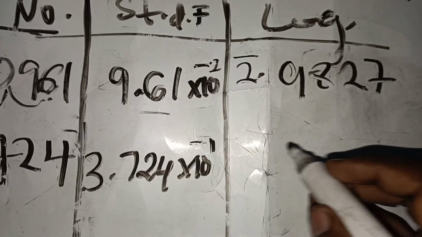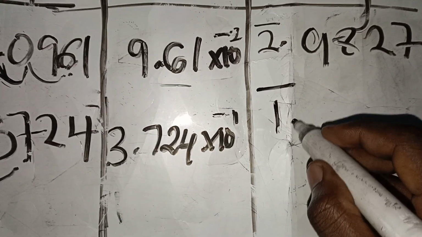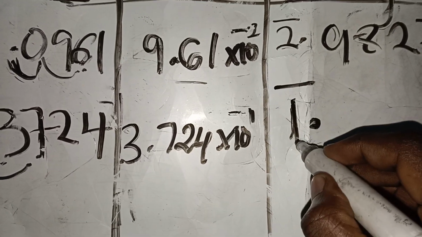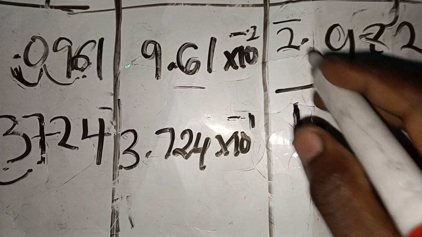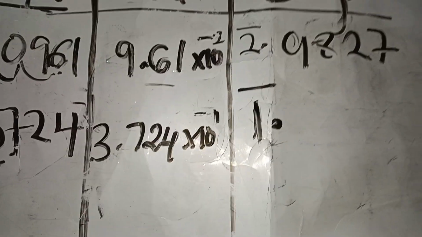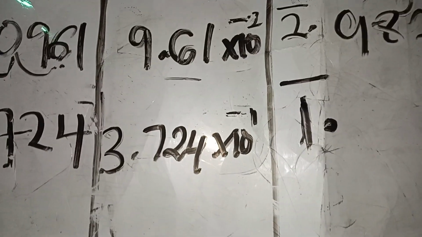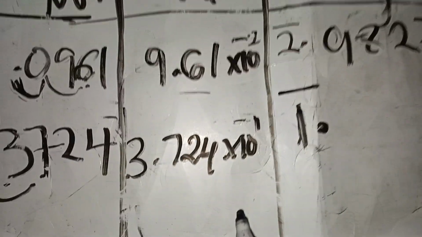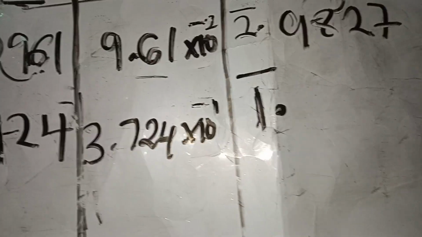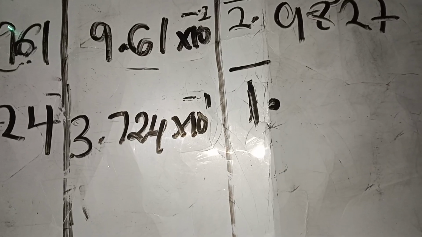So here we'll also write bar 1 because of this -1. I told you that we cannot write -1 because negative only affects this one number. So if you look at this, the log will become 0.5710.